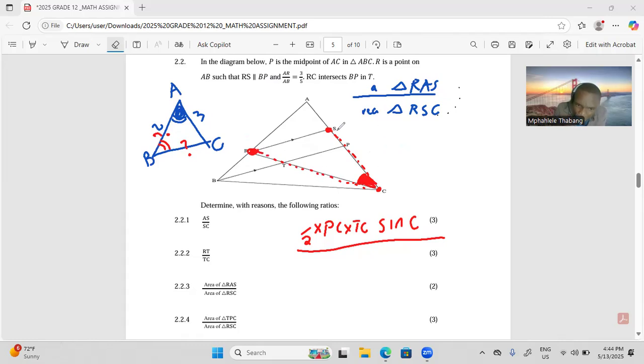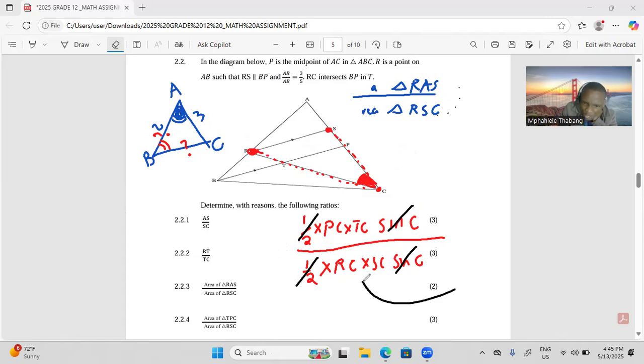So the area of this triangle RSC is going to be half of RC times SC times sine of the included angle. Now let's see what happens after doing this. Half cancels half. So we are left with what?